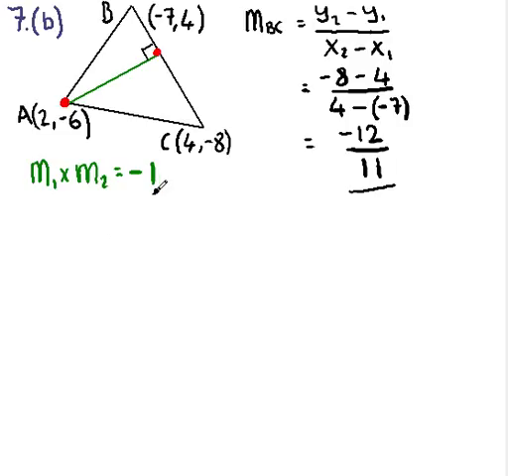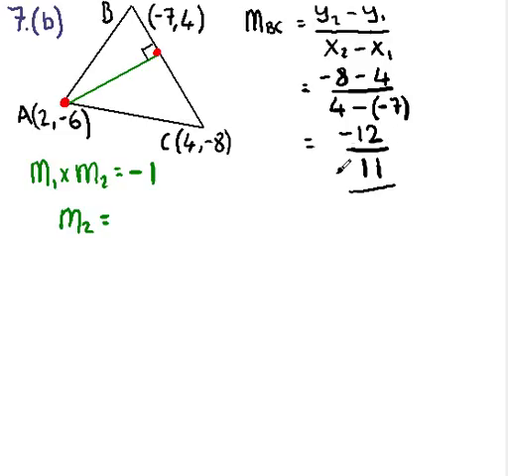What we do now is use our perpendicular lines formula. So minus 12 over 11 is m1. That means m2 is just our original gradient flipped upside down and the sign changed.